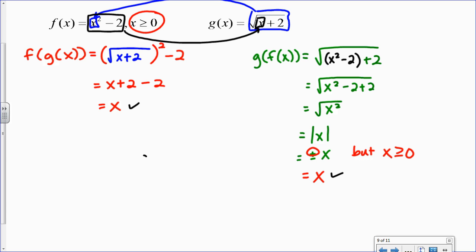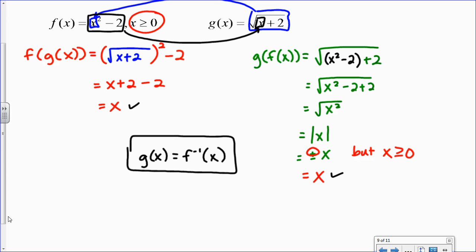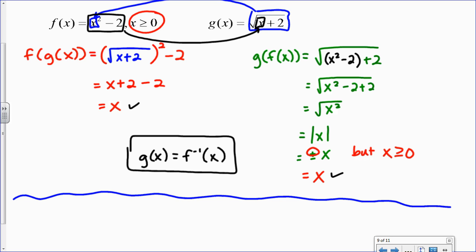Let's say, okay, so g of x does equal f inverse of x. Then we have a rule that if you do the square root of x squared, that's the absolute value of x, which is plus or minus x.